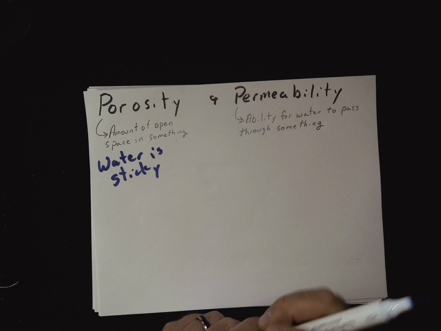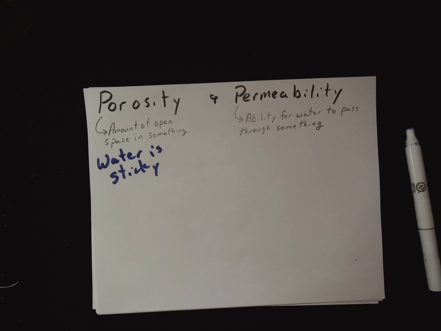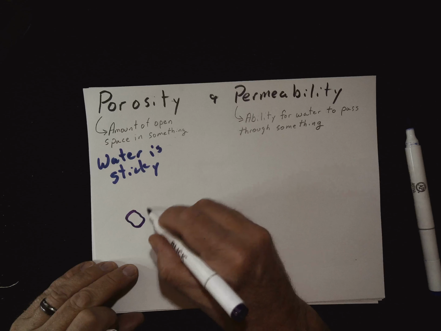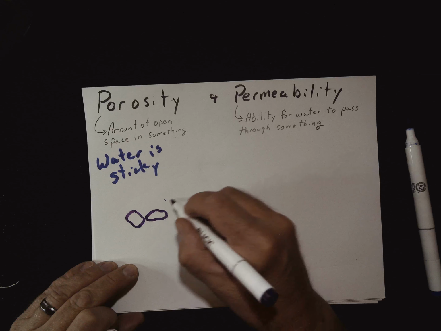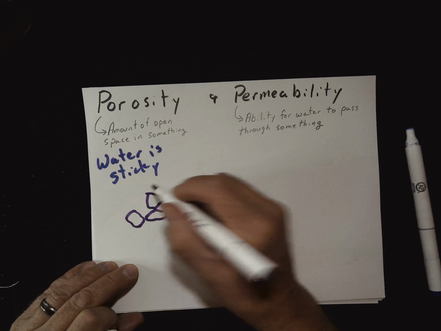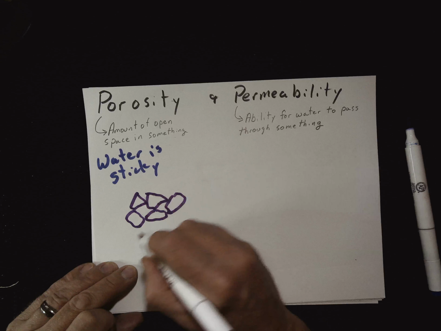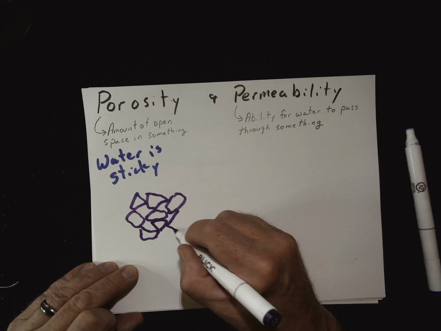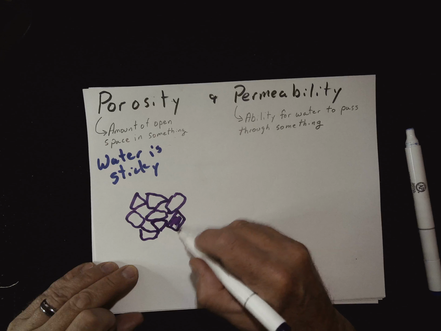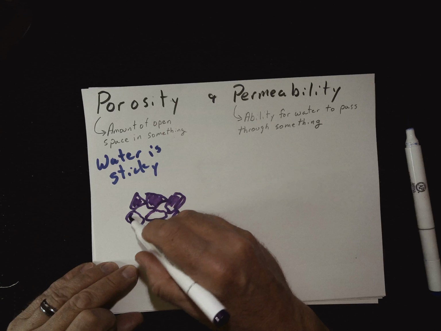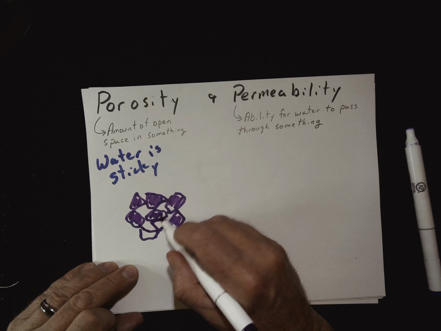So let's think about this then. Let's think about sandstone, and we have chunks of sand all in contact with each other. They were all glued together here. So we have grains of sand. All right, so these are all grains of sand, and they're all glued together.